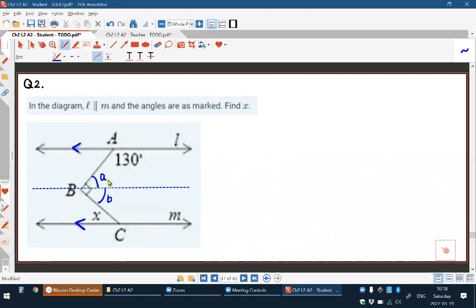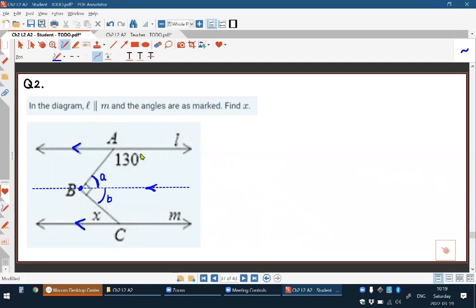And first of all, do you know angle A now? If this line is parallel to L, from this point, we can make a line that is parallel to L, right? Because Euclid's fifth postulate tells us that given a point and a line L, there must exist at least one line through the point that is parallel to L. So if this line is parallel to L, then this line is also parallel to line M, right?